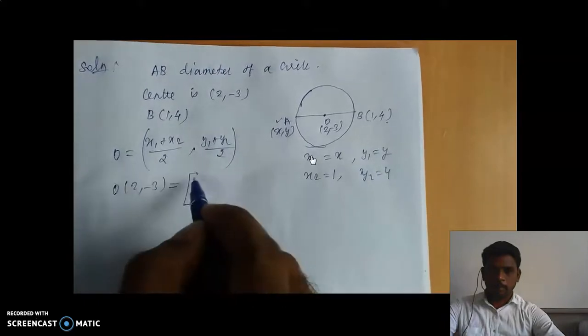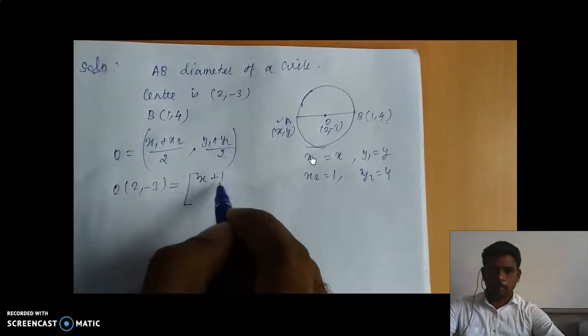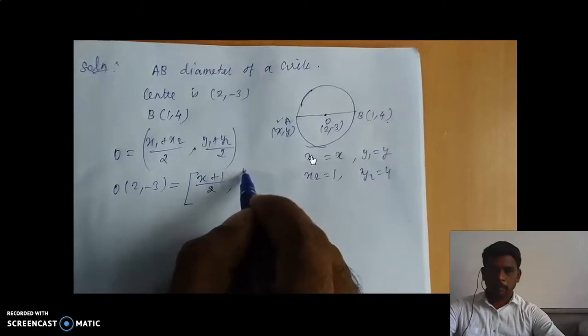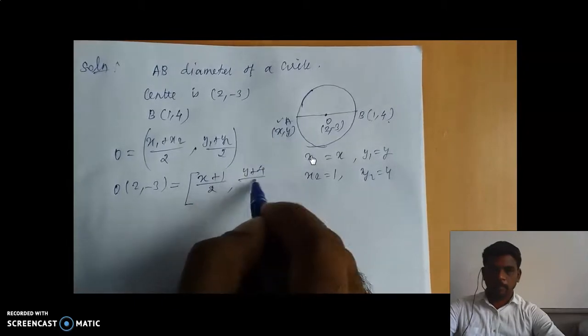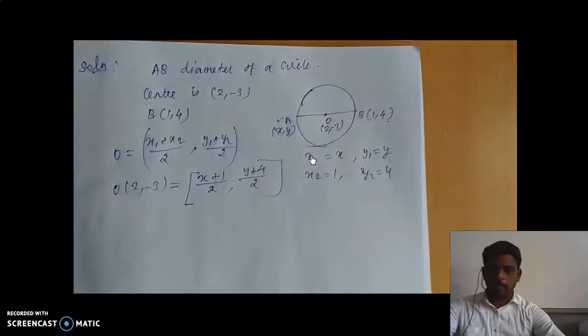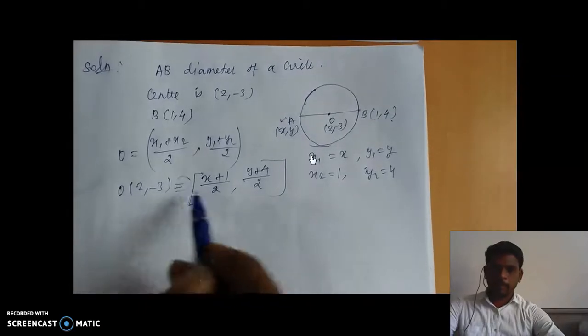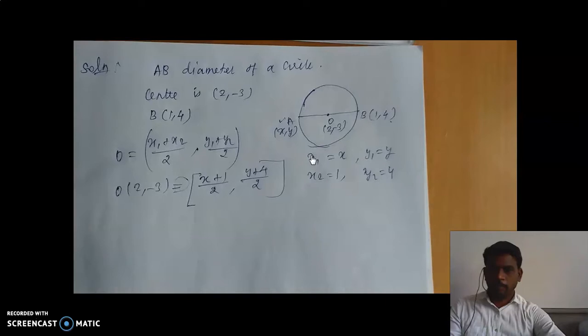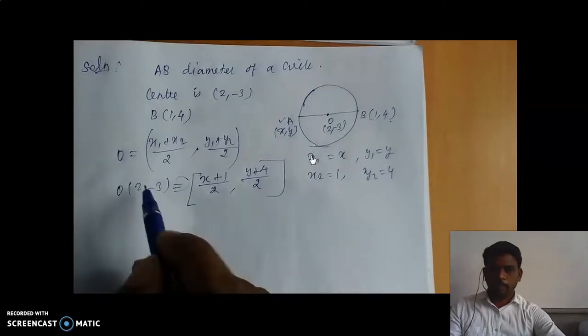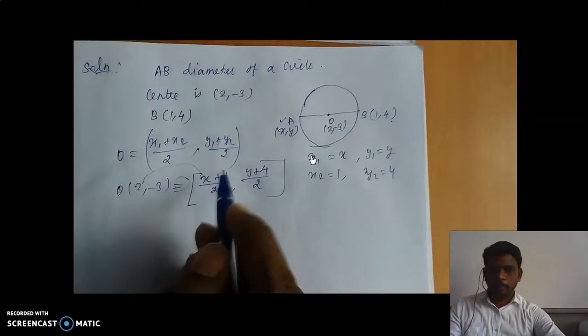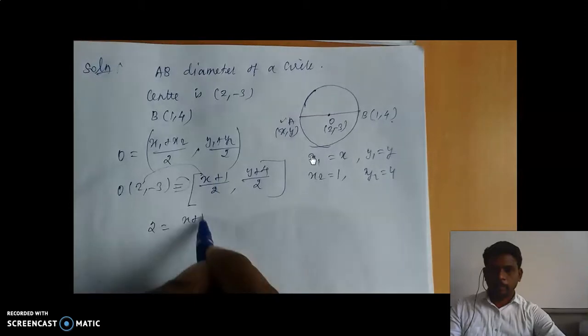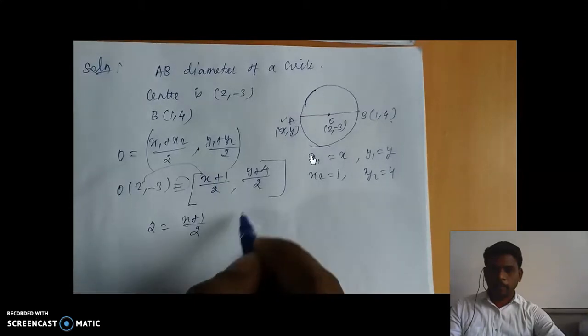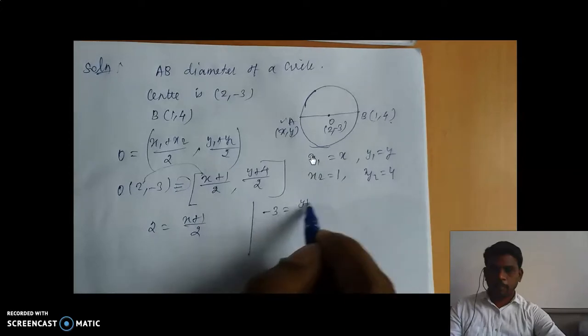Now substitute in the formula: ((x plus 1) divided by 2, (y plus 4) divided by 2). Now these two coordinates are equal, so the corresponding x coordinates and y coordinates are equal, and you can equate them. Equate the first: 2 equals (x plus 1) by 2, and the second: -3 equals (y plus 4) by 2.